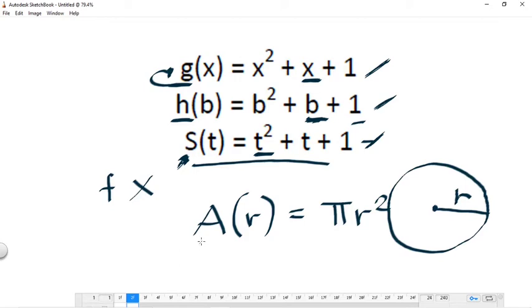Okay, so the name of this function is letter A, pertaining to the area. And it is a function of the radius. Take note that this symbol is already constant, which pertains to pi, and you already know the value of pi.